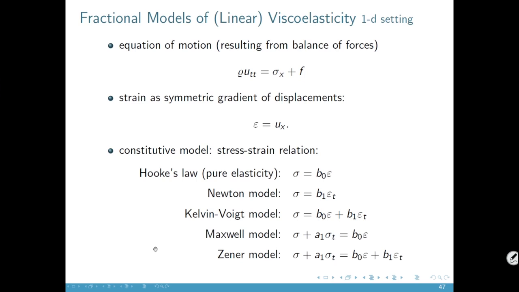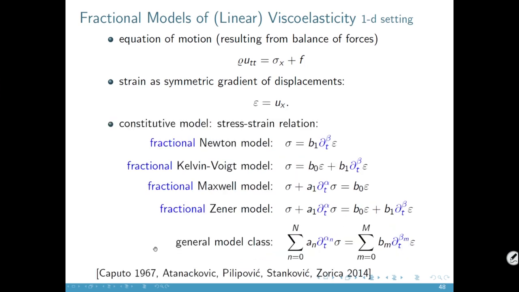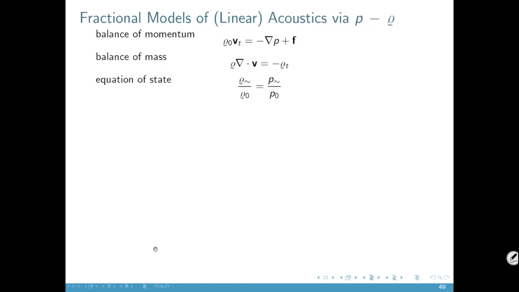They have different names. And one can go ahead and look at fractional versions there. So in constitutive modeling, it's allowed to replace integer derivatives by fractional ones. And people have been doing this, and this is a general model class that is now more and more used in mechanics. So carrying this over to acoustics, we have different balance laws.